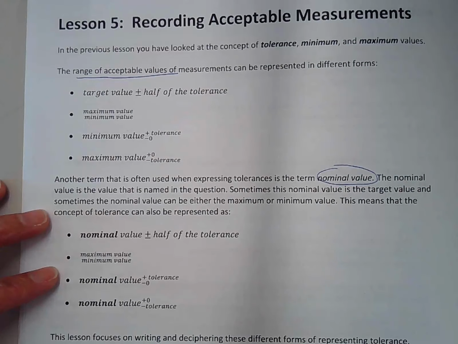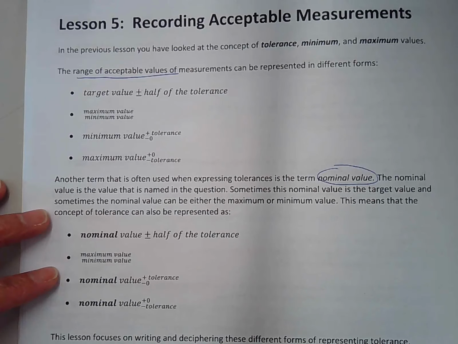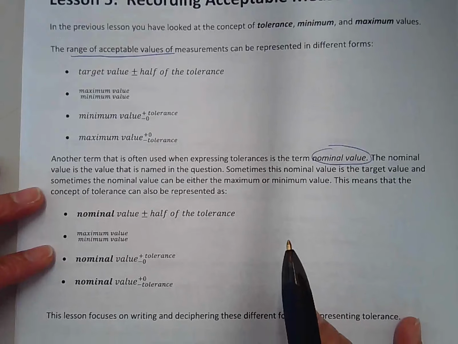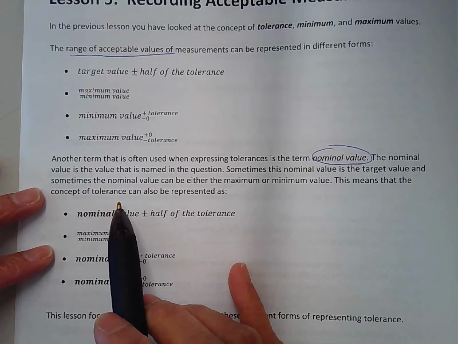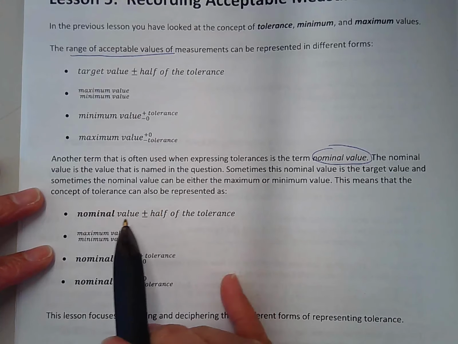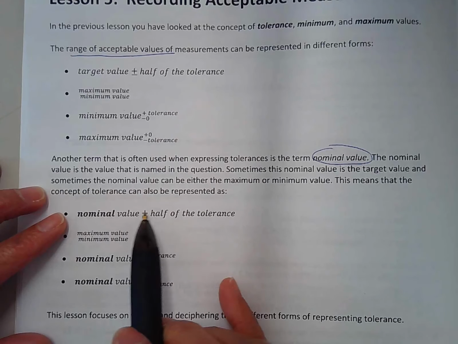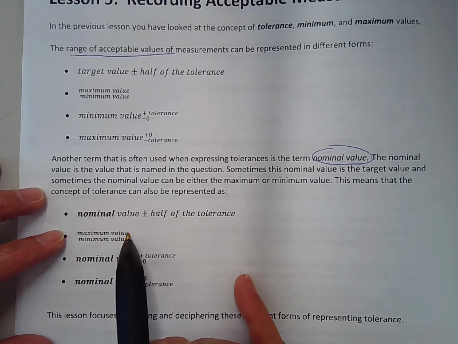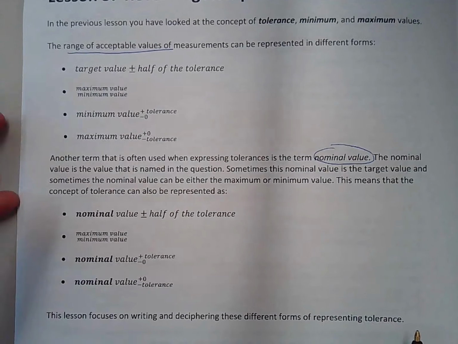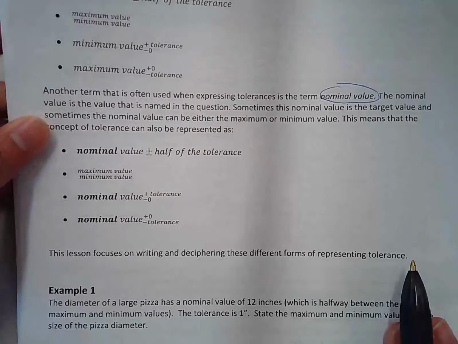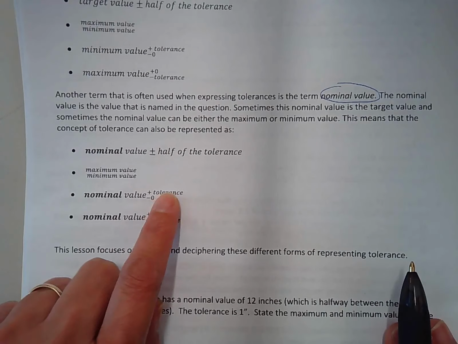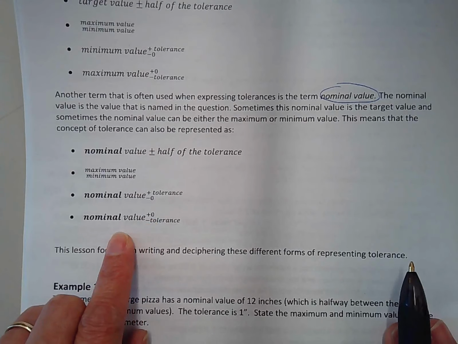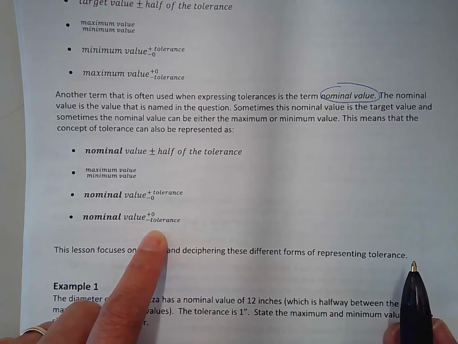So what we are trying to get or hope to get. So this means that the concept of tolerance could be identified as this: nominal value plus or minus half tolerance, maximum, minimum, so that's the same. Nominal value plus a tolerance, nominal value minus a tolerance.